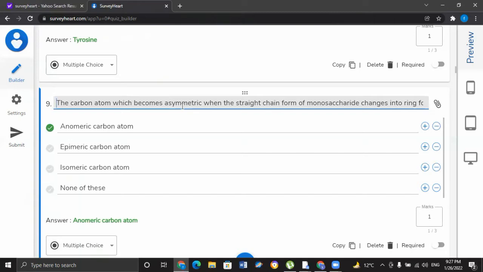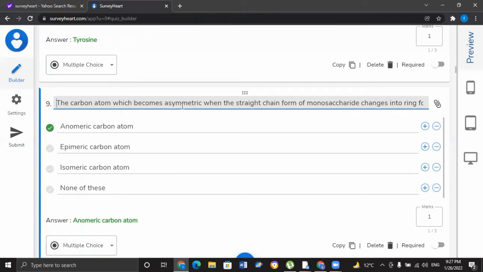An example of anomeric carbon atom is the carbon atom that is present in beta D-glucopyranose and alpha D-glucopyranose. Epimeric carbon atom is the carbon atom that is present in an epimer, and epimer is a kind of stereoisomer that differs due to the position of H and OH group present in a carbohydrate.